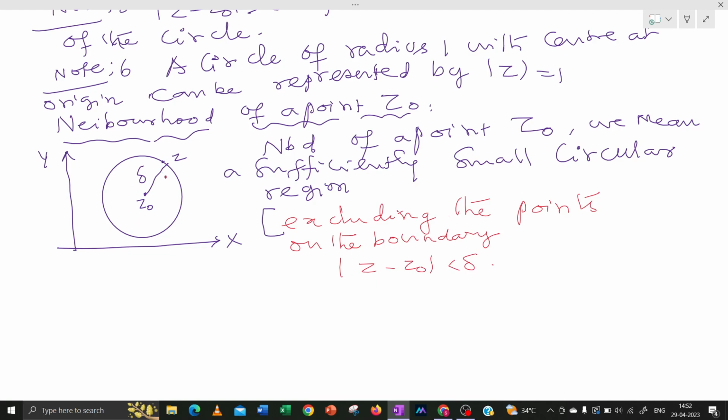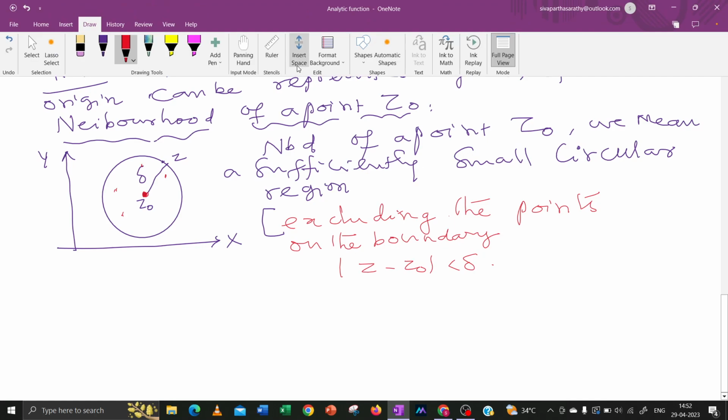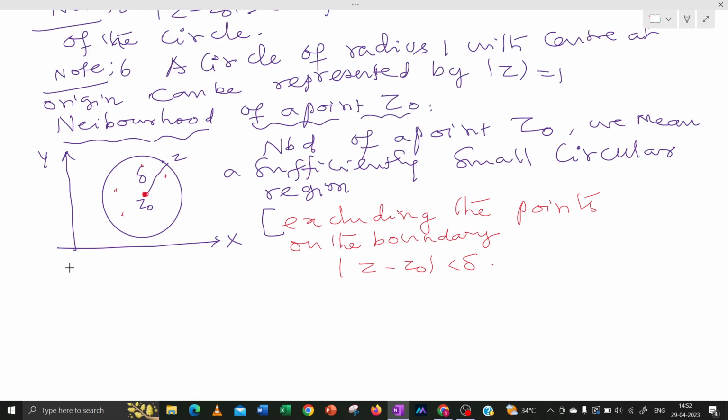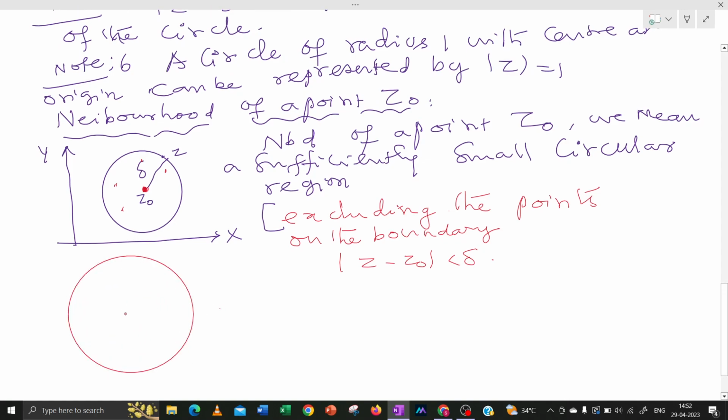So you can take any point which is said to be in the neighborhood of z naught. For example, take the solar system. The center point is the Sun.